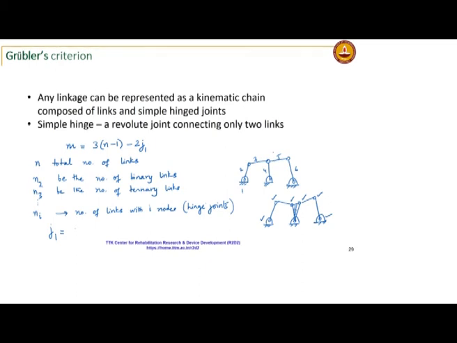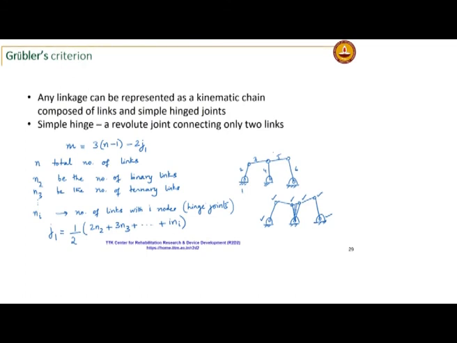So, my j1 will be half of (2n2 + 3n3 + ... + i ni), because a binary link will connect to 2 other links.